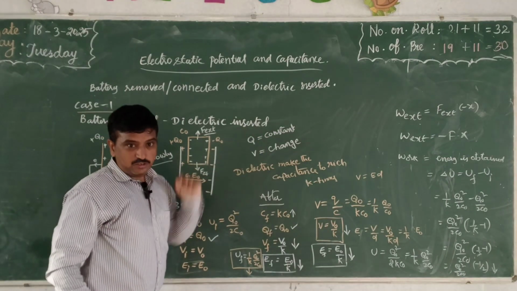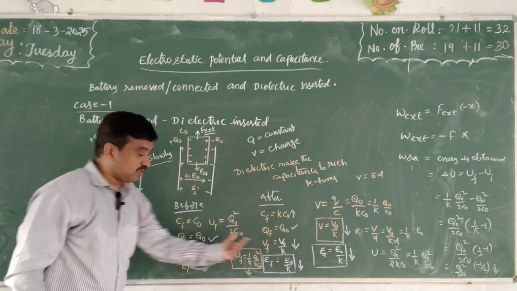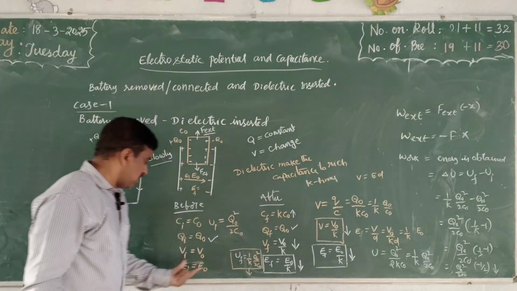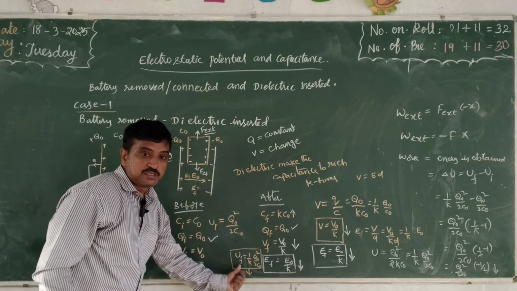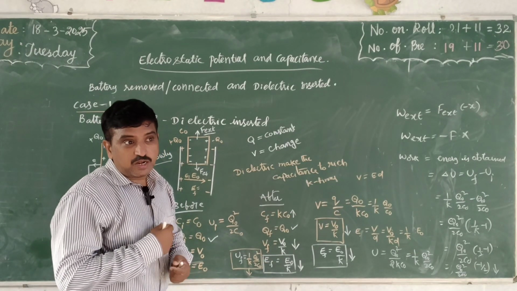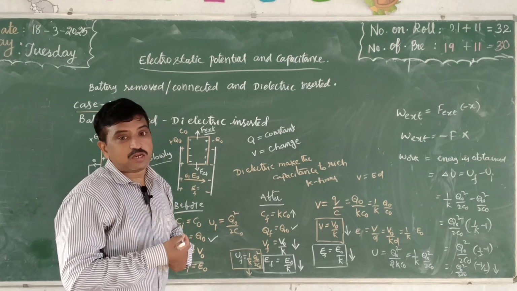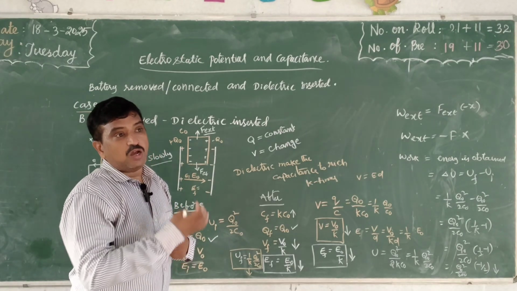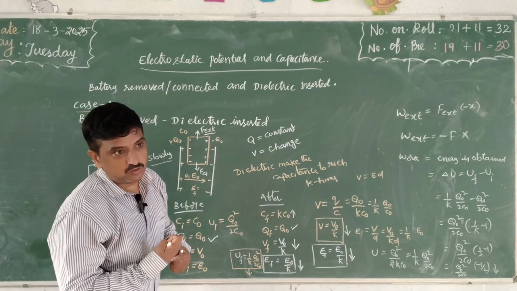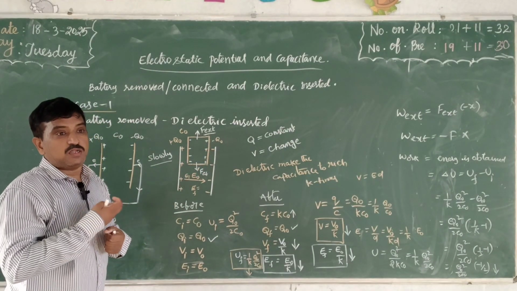Charge is constant, potential decreases K times, capacitance increases K times, potential energy decreases K times, and electric field also decreases K times. How much energy decreases, that much energy we gain while doing external work on the dielectric, and it is moving slowly downwards.